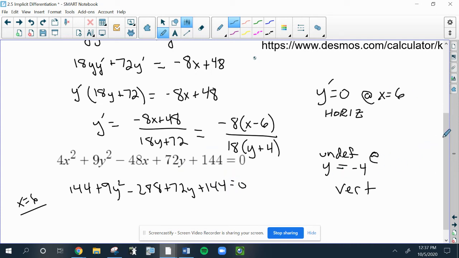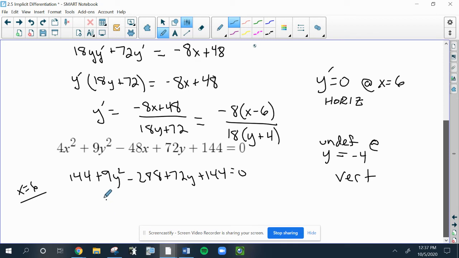Simplify. So this is a pain, but realize that this is all just algebra. So that's -144 plus 144, which is 0. So that worked out pretty good.